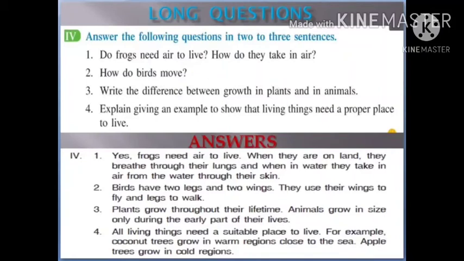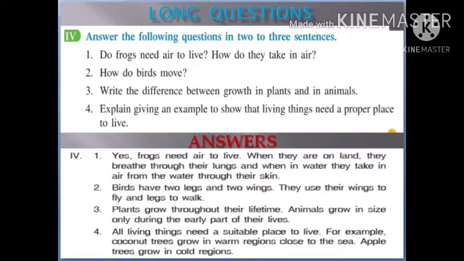First question, do frogs need air to live? How do they take in air? Yes, frogs need air to live. When they are on land, they breathe through their lungs, and when in water, they take in air from the water through their skin.